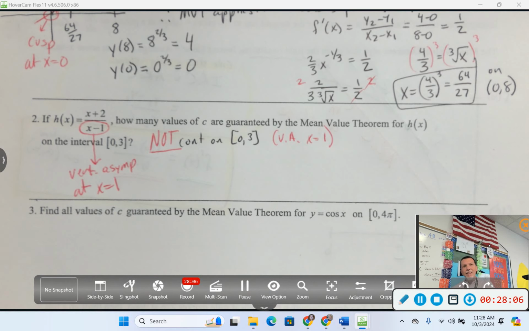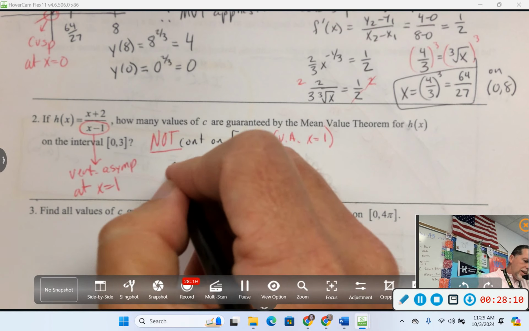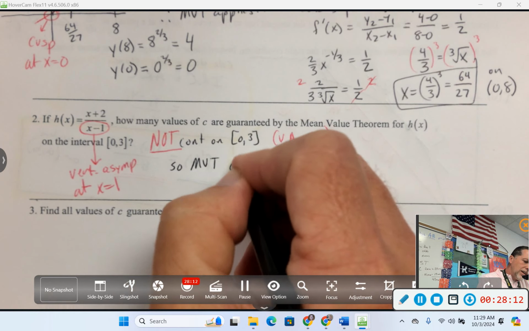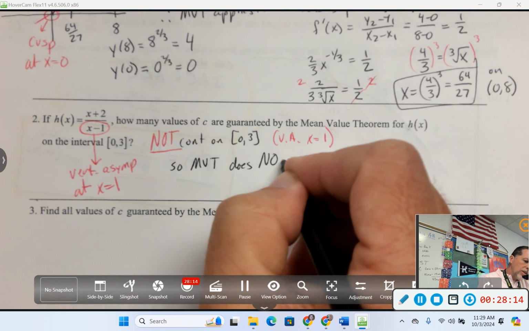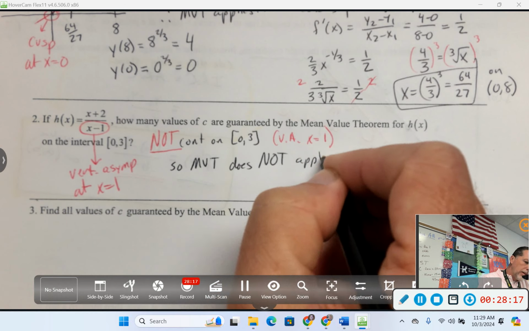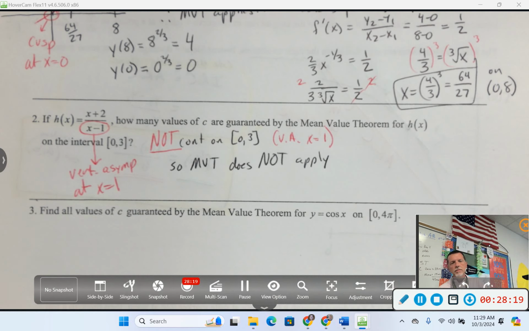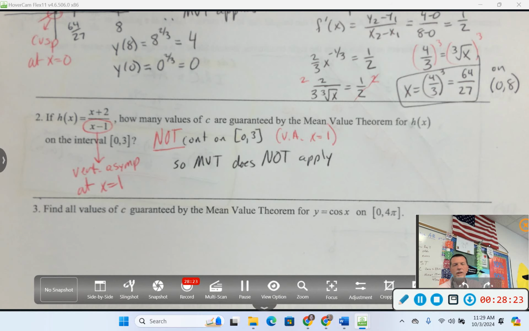So we like that. That means the problem's almost over. We need to clarify what's going on. So MVT does not work. It does not apply. I didn't even make it to the second condition. It just doesn't work here.